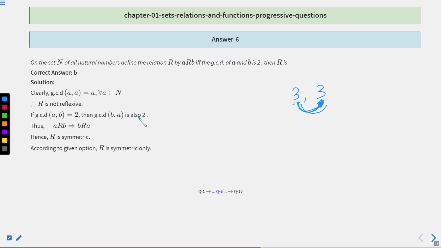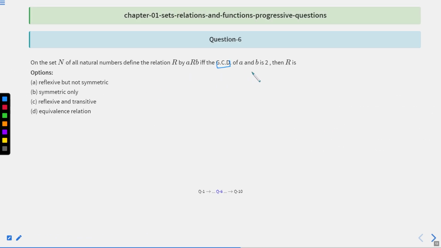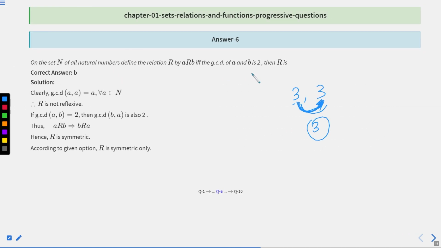The greatest common divisor of 3 and 3 is 3, right? But the question says that the greatest common divisor of A and B should be 2. So R is not a reflexive relation. The gcd of A and A is A, not 2, for all A belonging to natural numbers. Obviously, gcd of 2 and 2 is 2, but it is not true for all natural numbers. So R is not reflexive.